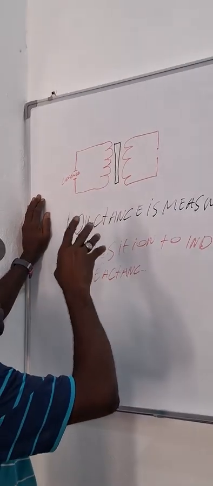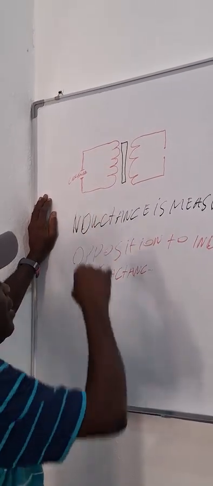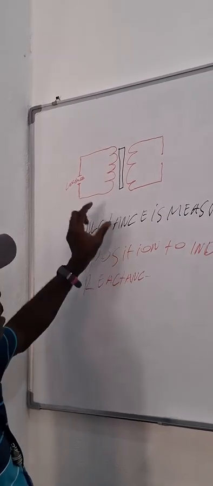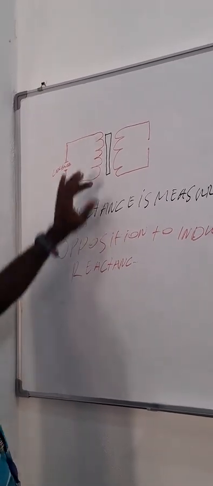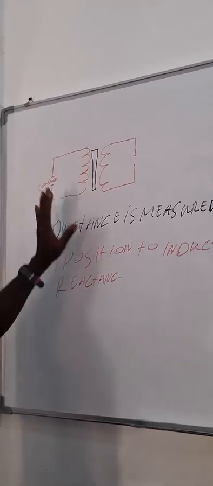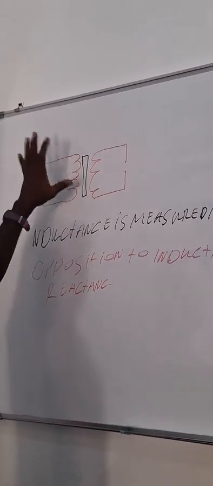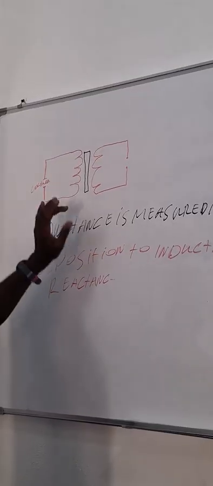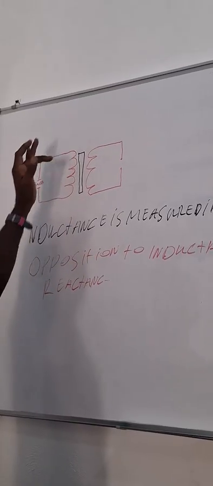When that coil of wire is energized, especially with alternating current, the current flowing back and forth changes polarity, because the alternating current goes up and down. Sometimes one pole is positive, another time the other pole is negative.